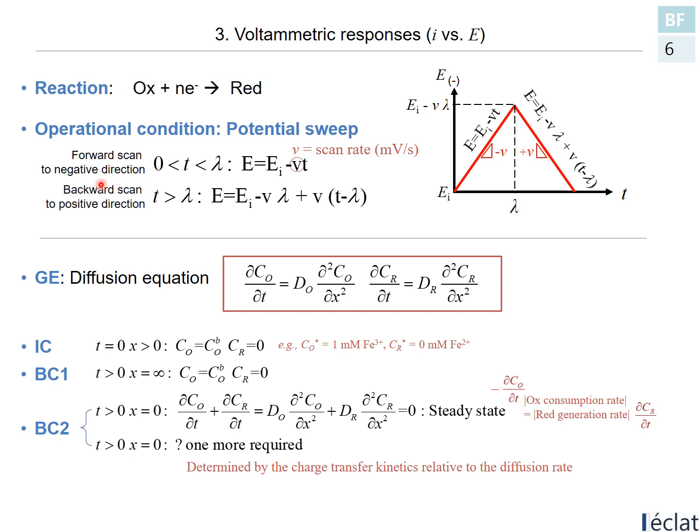The forward scan to the negative direction can be described by this equation. So the starting point is the initial potential E sub i, and then it is going toward the negative potential. The scan rate is v, and at the end of the forward scan, you would obtain the potential value at E sub i minus v lambda.